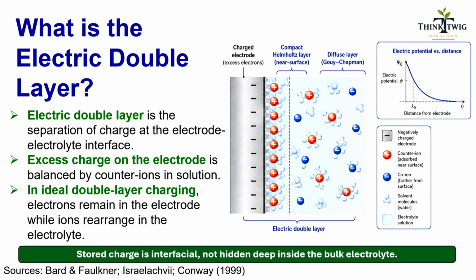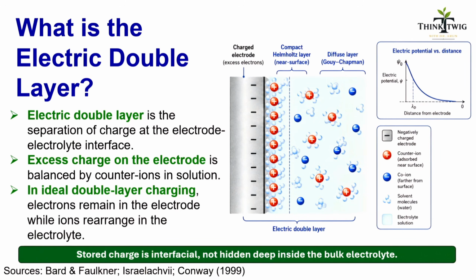One charge remains on the electrode, the opposite charge is present in the electrolyte, and this separation of charge at the electrode-electrolyte interface is called the electric double layer. The important point is that electrons remain inside the electrode, the ions remain inside the electrolyte, and they come very close to each other, but they do not mix.